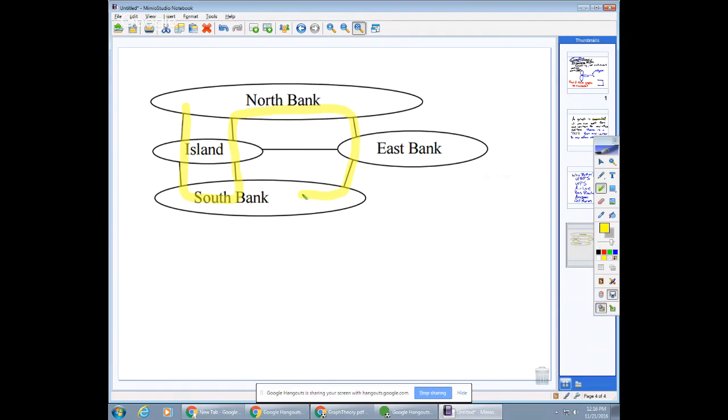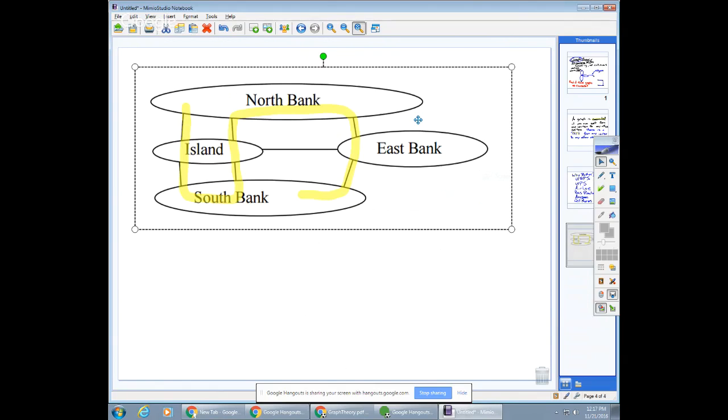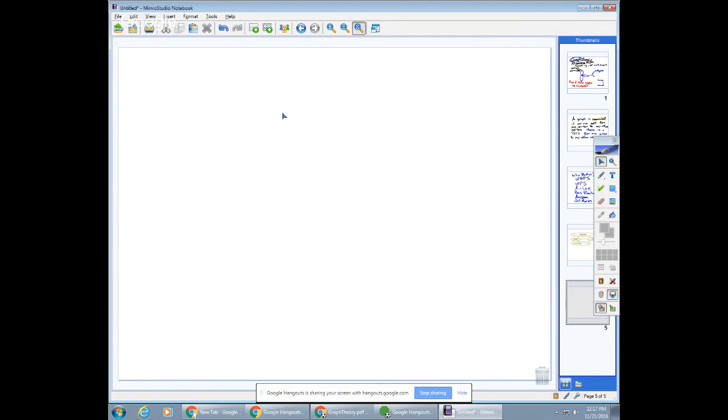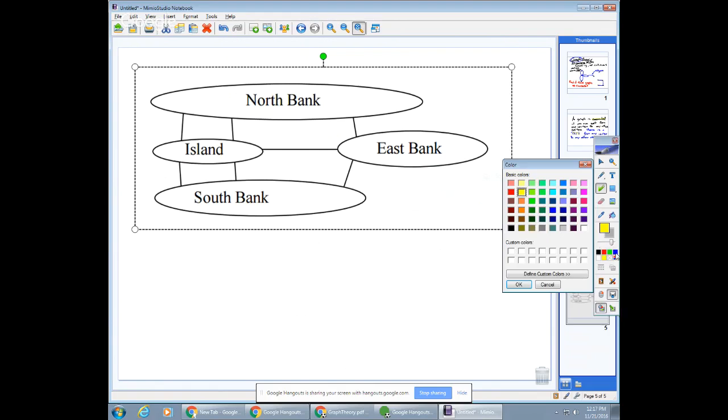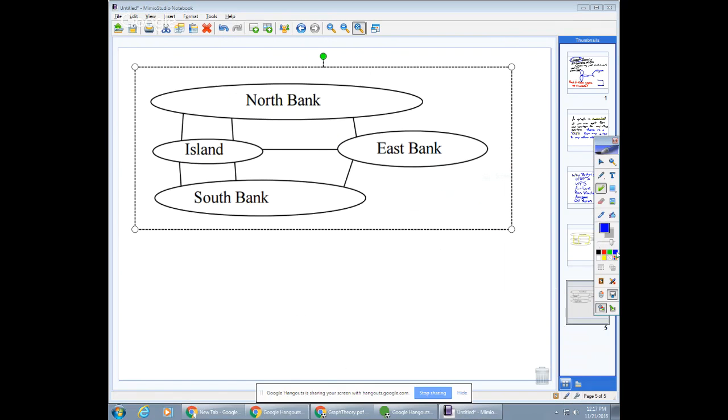That's what I thought too. There's no way, because there's only 3 bridges. Wait a minute. That's what I said last time, and he found a way. Are you sure? Yeah, you showed us, and I was still going at it. Weird. Nope.